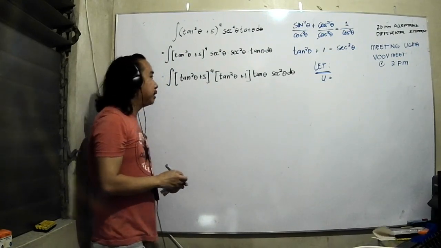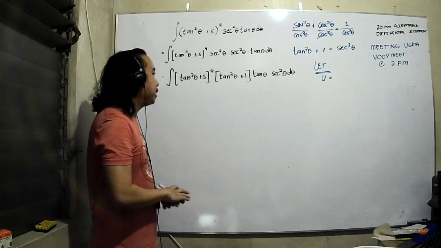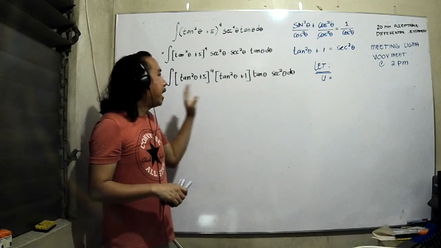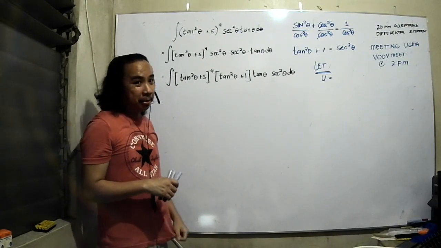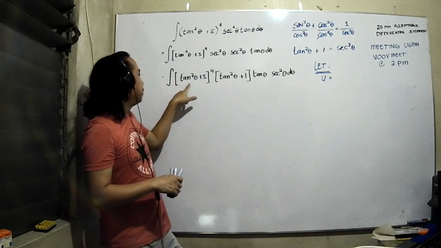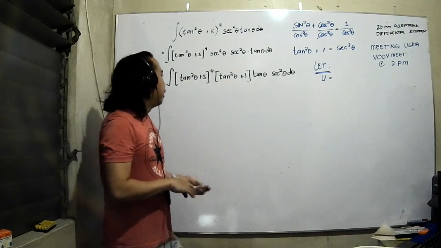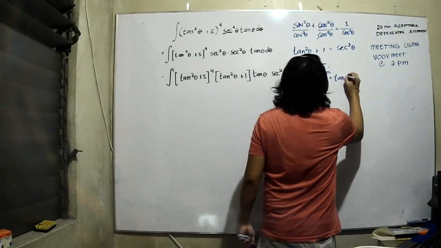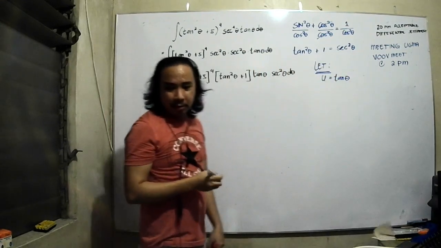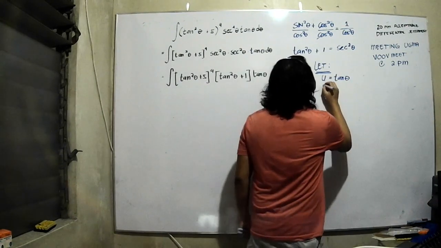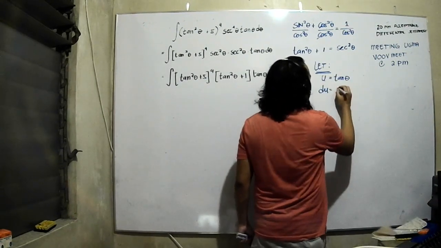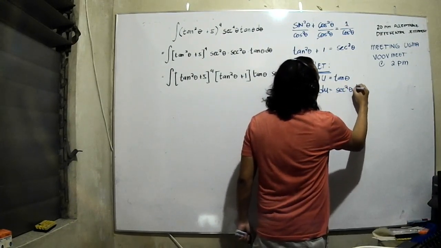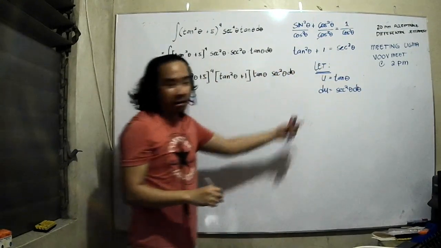There are plenty of ways to search for the most annoying term, but you have to make sure the term you substitute for u fits, otherwise it will complicate things. Here I choose to let u equal tangent theta. Now I differentiate this. The derivative of tan is secant squared theta d theta.